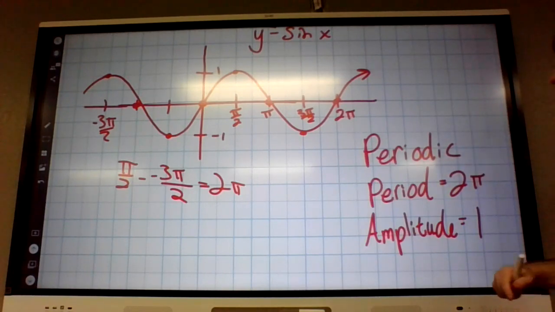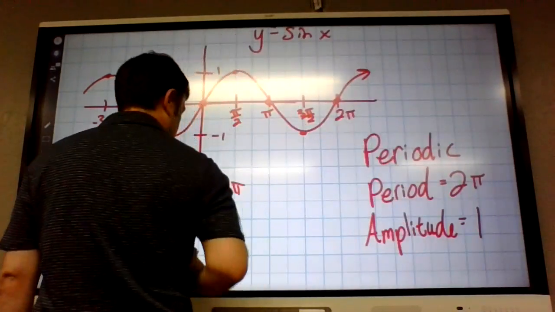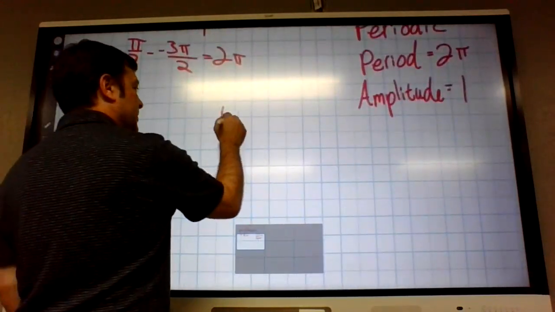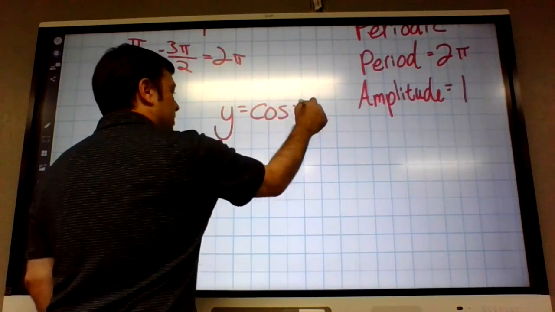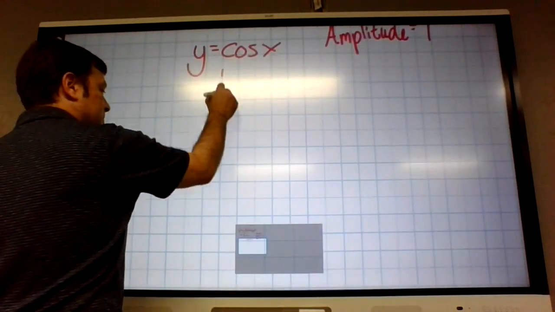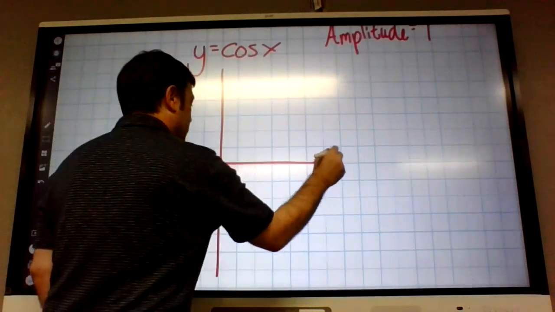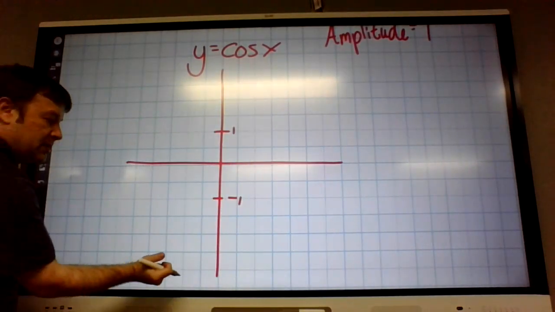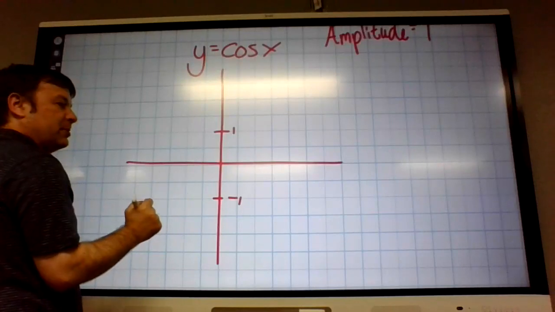Alright, let's do cosine. Cosine's almost the same. Very similar, y equals cosine x. So the difference is, you guys remember where sine started?